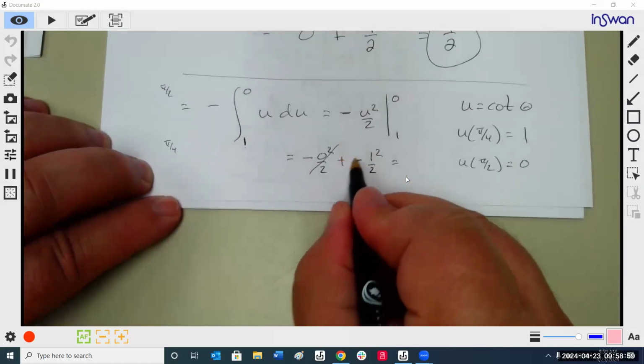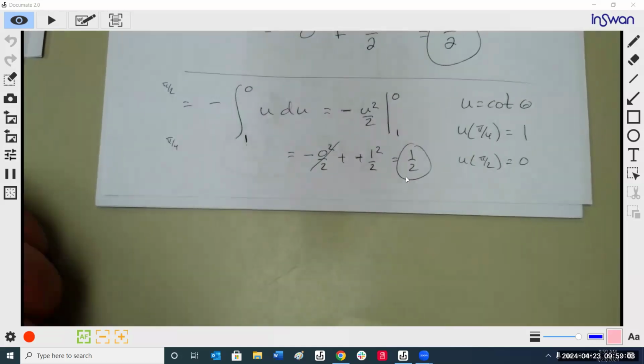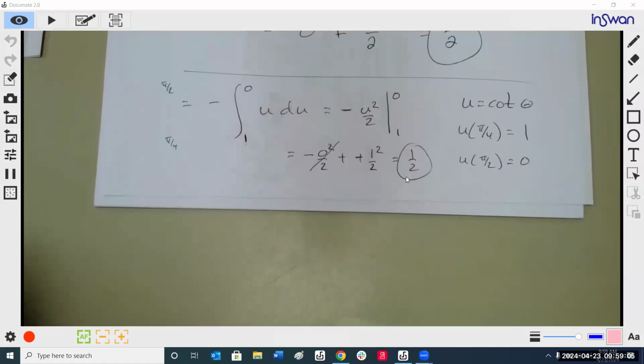That's 0. That becomes positive, so we have 1/2. Same thing. So we can change the bounds of integration to be relevant to the transformation of cotangent to u.